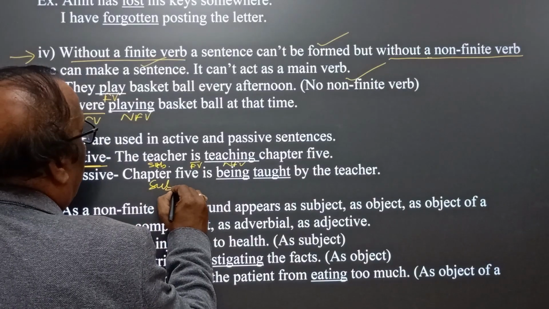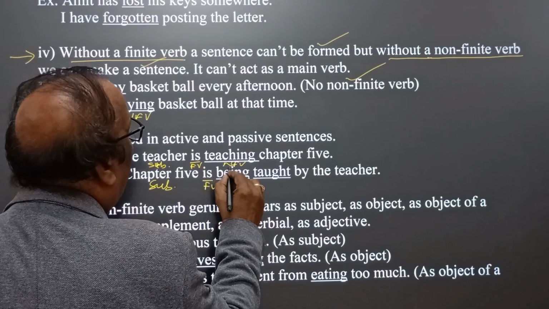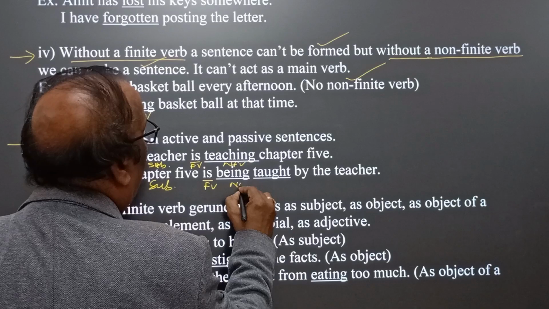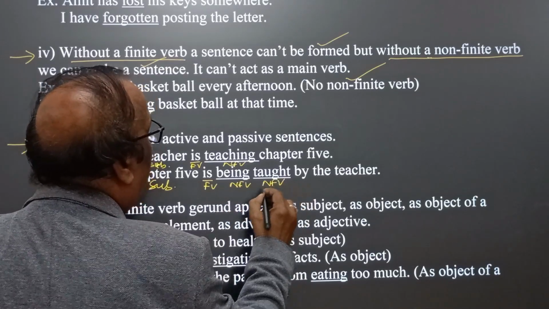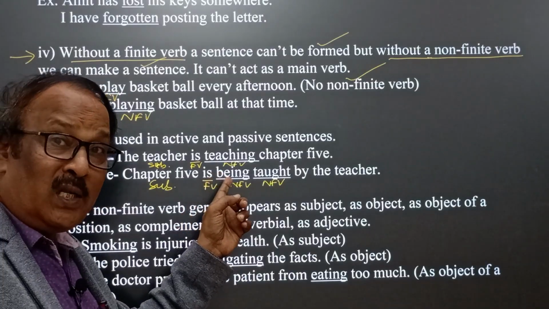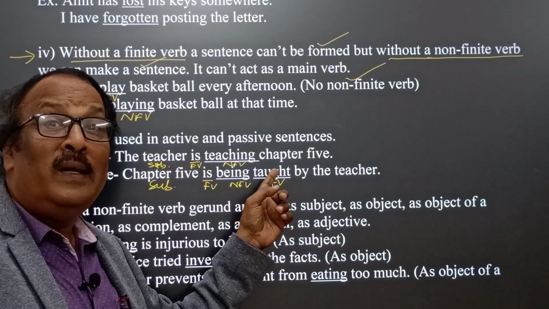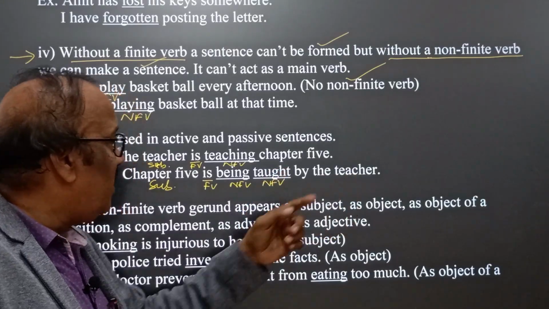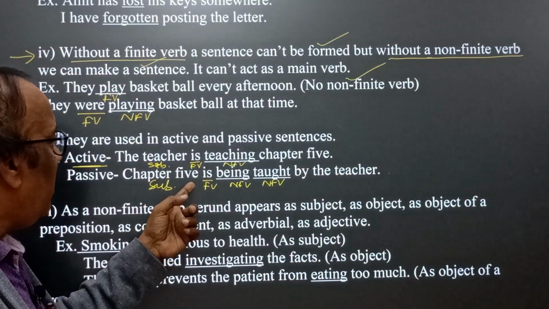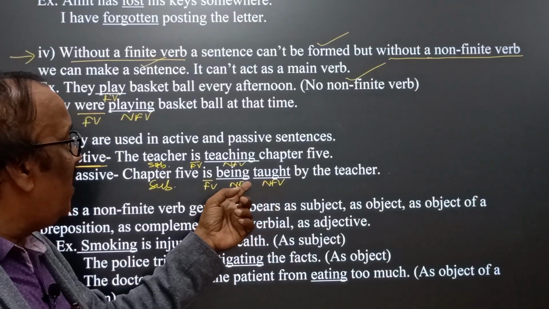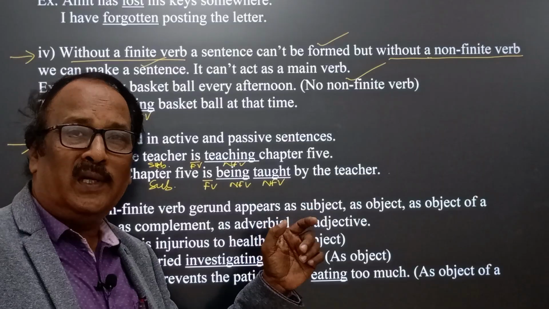Here, chapter 5 is the subject, is is the finite verb, being is a non-finite verb, and taught is also a non-finite verb. Being is the present participle of the be verb and taught is the past participle of the verb teach, and by the teacher is the agent or doer. Okay, and here we find how we use non-finite verbs both in active and passive sentences.